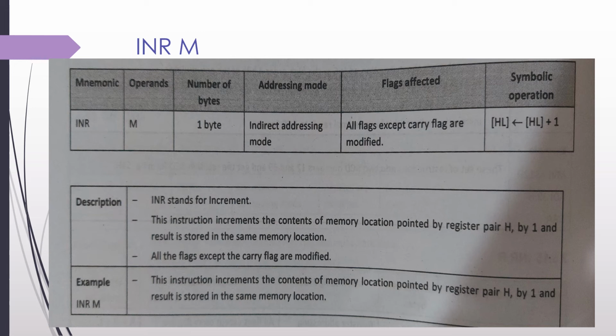So this is how it is incremented. And as this is also a single byte instruction, and we have memory which is indirectly addressed, it is register indirect addressing mode, and all flags except carry flag are modified. Okay, so here M is always the address which is stored in HL pair of register.